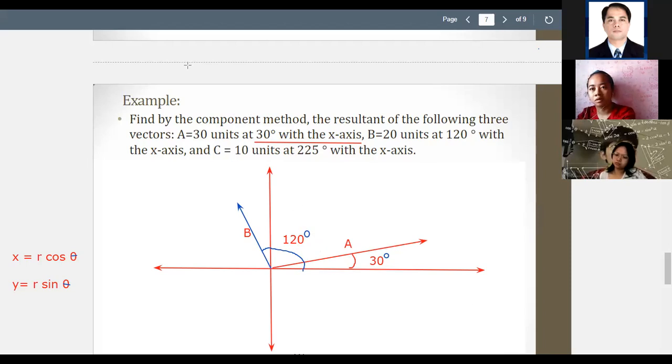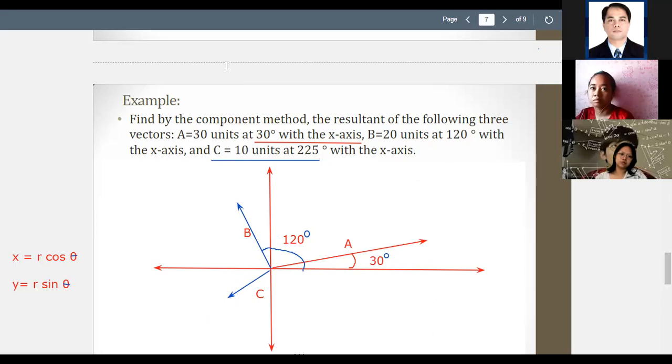Now the third one: in what quadrant will we find the third vector? What quadrant will we find this? Yes, Merl? So we will find this somewhere in the third quadrant. The third one is 10, vector C, because that's the shortest, only 10 units.